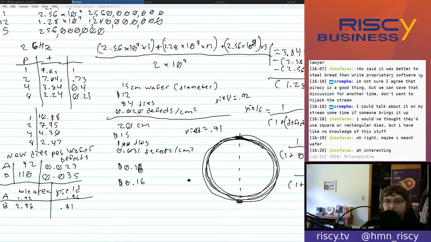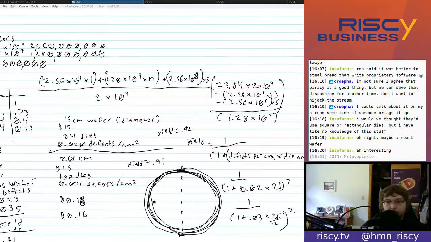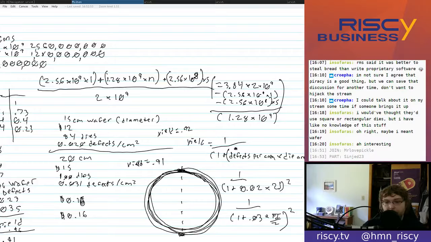And let me redo the ones from before. Okay, so did I not write down the die area? I think the die area was the 2.1. So that should actually be 2.1 divided by 2.